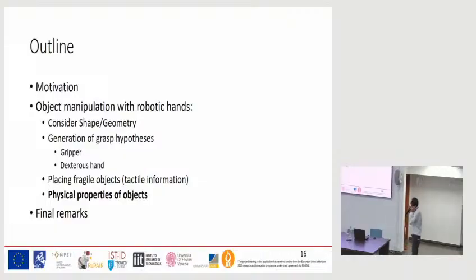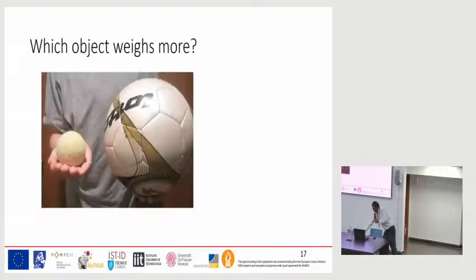That's the main idea. And to introduce that to you, I want to ask you first, which of the objects weighs more? What do you think weighs more? The tennis ball or the soccer ball? Tennis ball, anyone? Soccer ball? Tennis ball, okay.